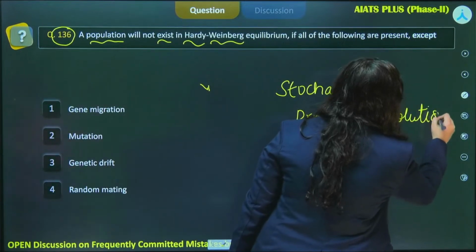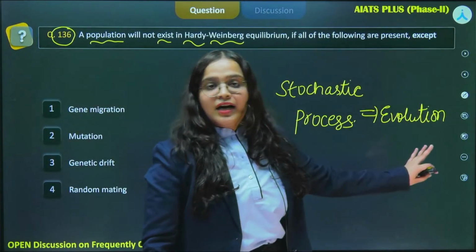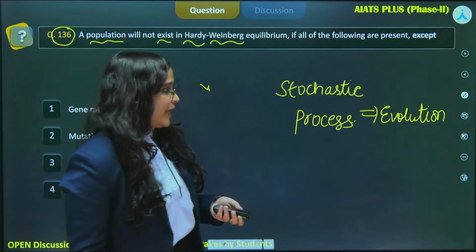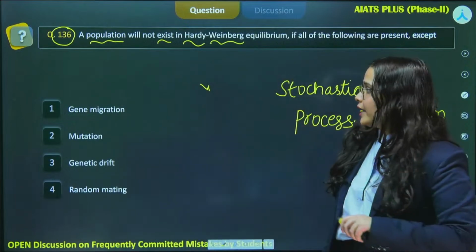So evolution, the word itself means to evolve, to form something. Alright? So basically, how did we come into existence?